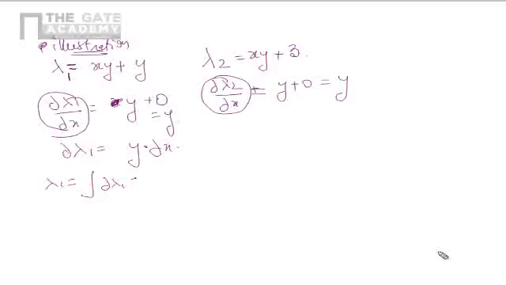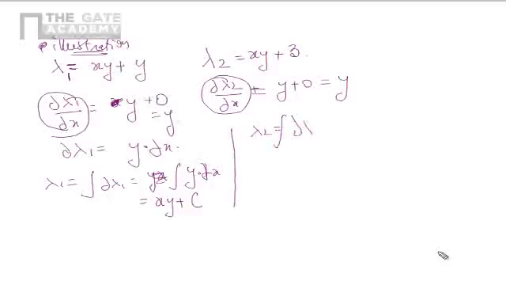This is nothing but integral of y dou x, which is nothing but xy plus something. Okay. Now let us do the same thing here. Lambda 2 is nothing but integral of dou lambda 2, that is nothing but integral of y dou x. This is also nothing but xy plus c.